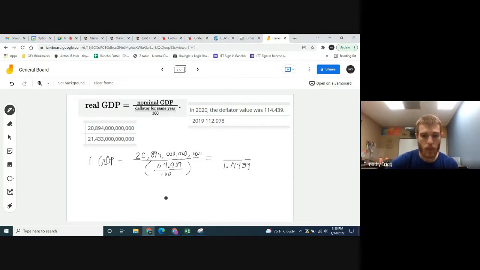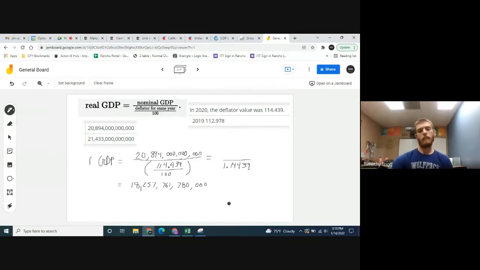Okay, so our new answer, the real GDP, is going to give us, now your calculator might say 1 point something to the power, and then it has like at the end, so it's basically in scientific notation, but this comes out to 18 trillion, 257 billion, 761 million, 780,000.